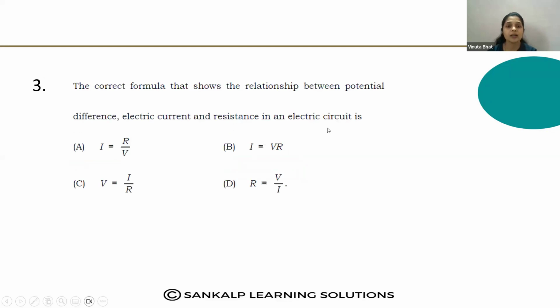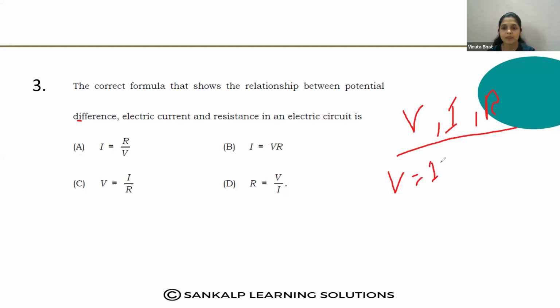The correct formula that shows the relationship between potential difference, electric current and resistance in an electric circuit is, so here you know Ohm's law. The potential difference is V, the electric current is I, and the resistance is R. The relationship between these three is V is equal to IR.